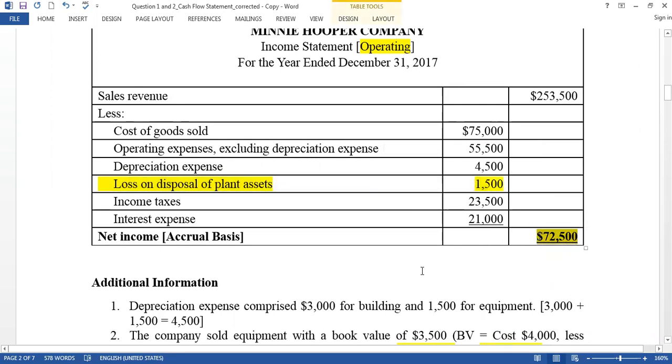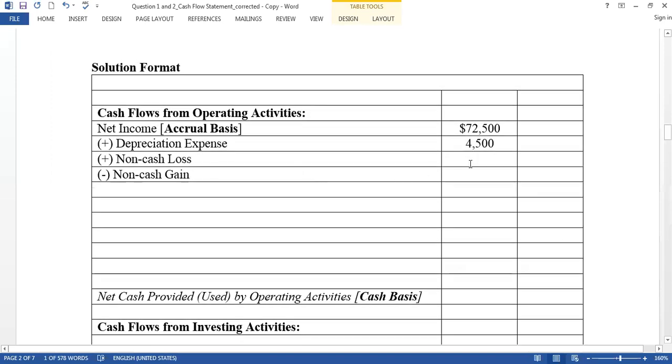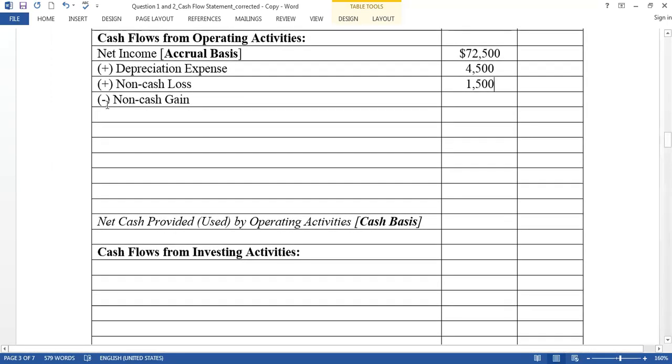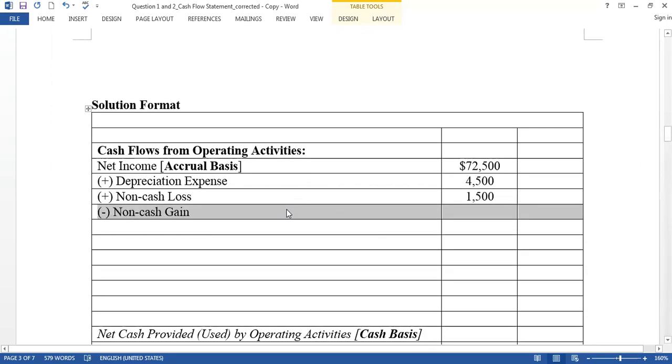So we are going to add it back. So we added back $1,500. Now this question does not have any gain, so we delete it. Your question may have either gain or loss, something like this. But this question we don't have any gain, so we delete this part.